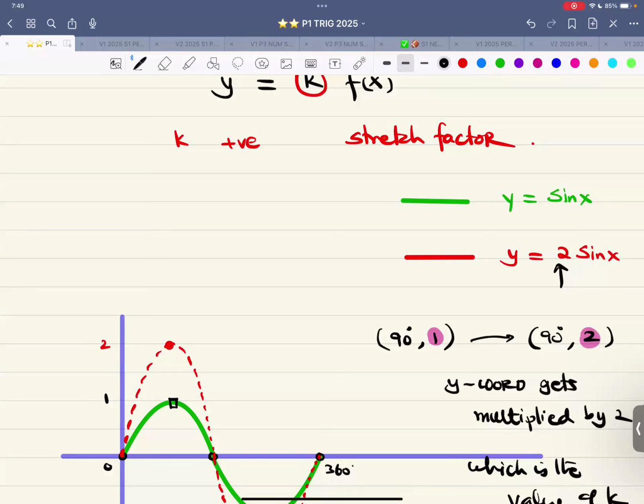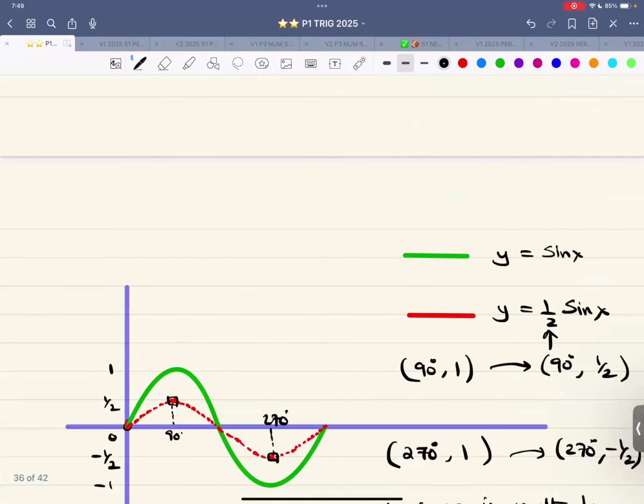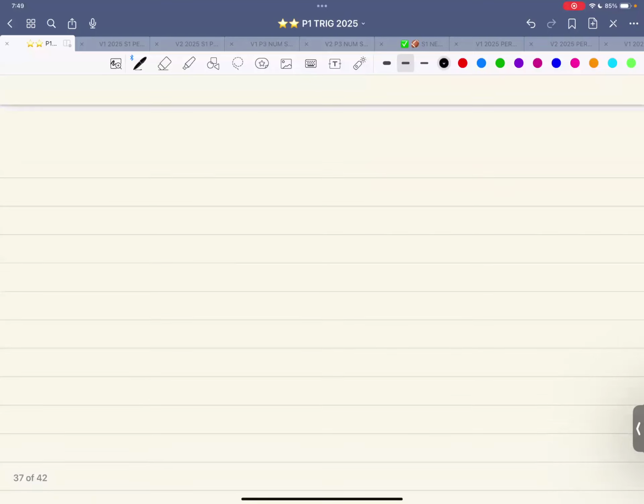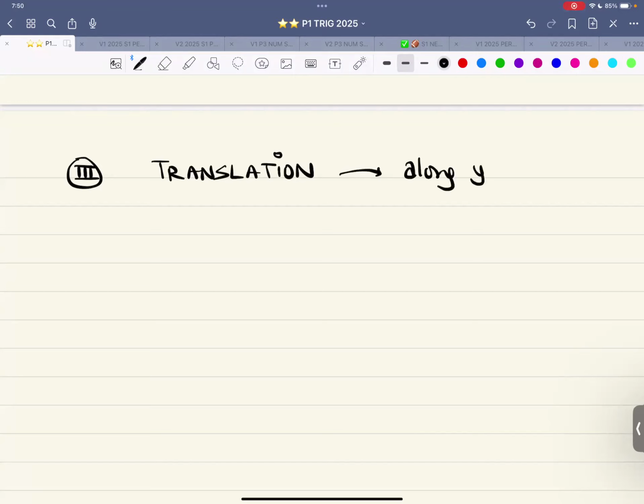Now, let's talk about the third thing, which is translation. So the third one is translation. And when we talk about translation, this is along y-axis or parallel to y-axis.